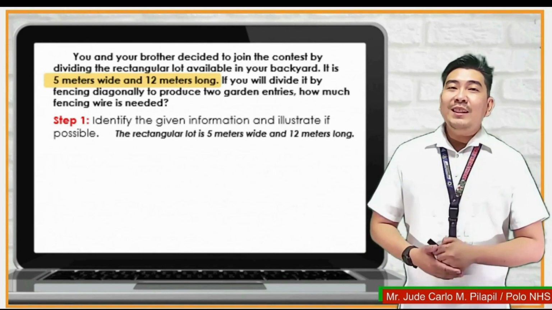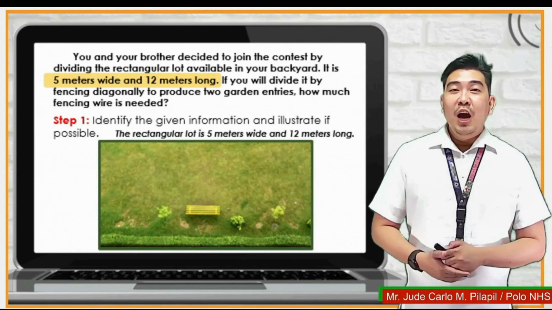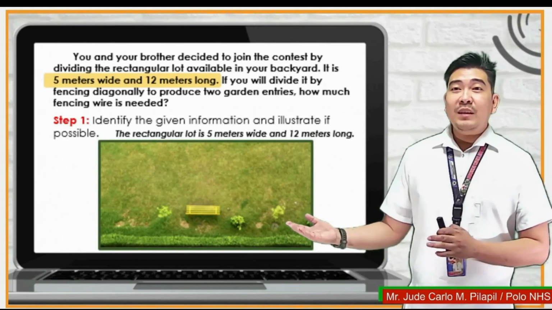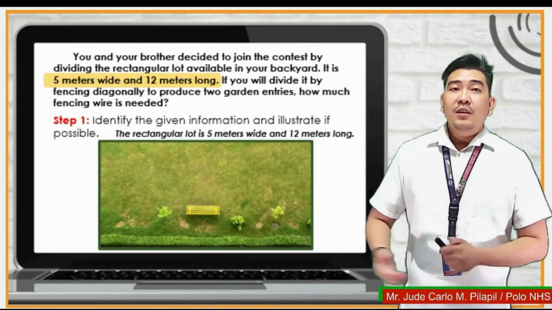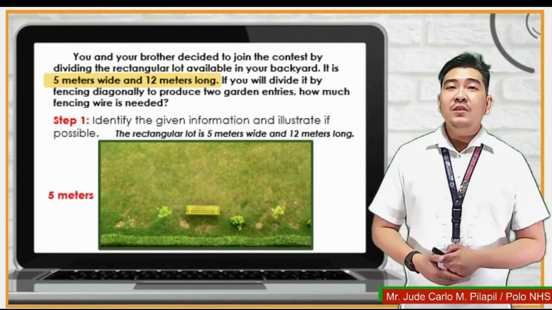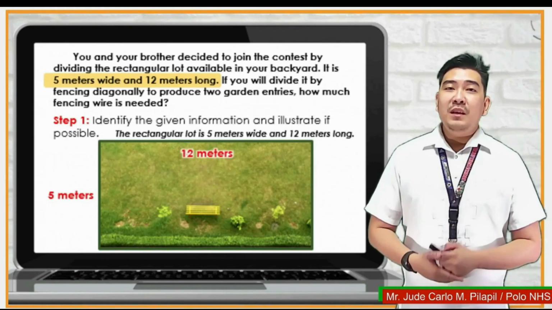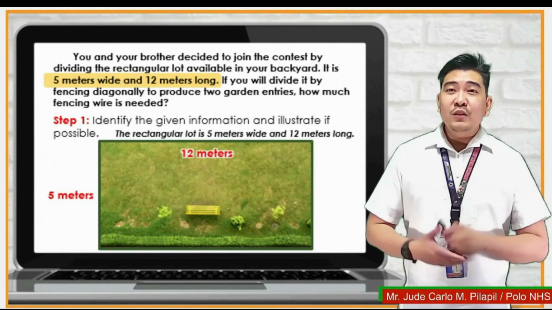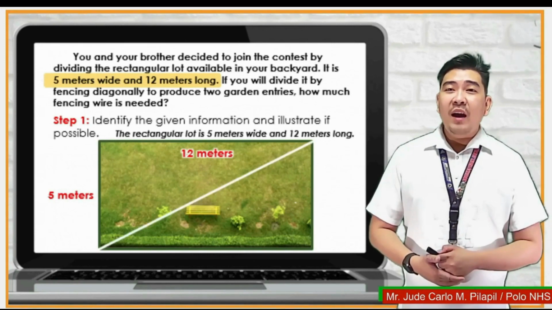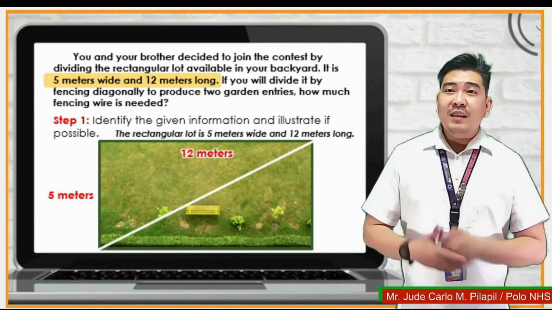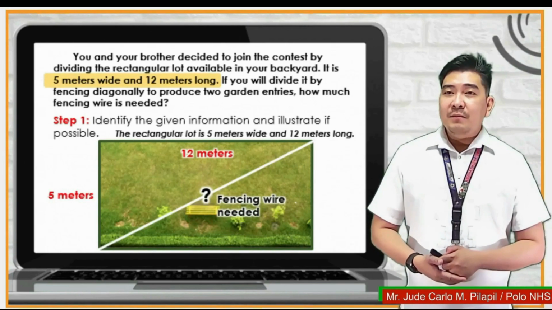So let us show it using an illustration. Let us suppose that this is the rectangular lot. The width is 5 meters and the length is 12 meters. We are asked to solve for the length of the fencing wire needed to divide the rectangular lot diagonally.